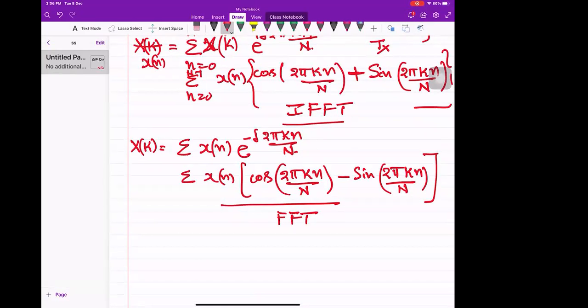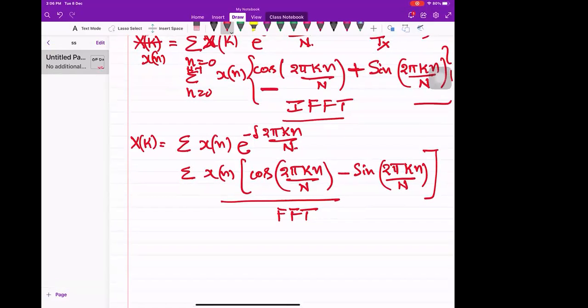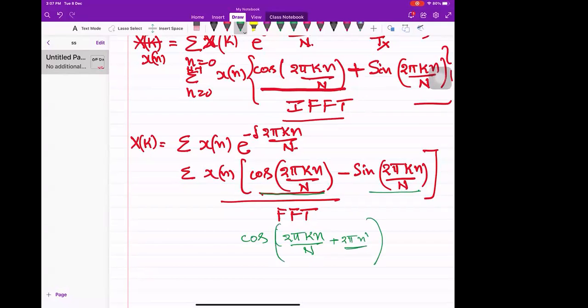Strict synchronization in the sense that when I am transmitting my signal, I use cos 2 pi k n by N. When I receive my signal, I have to use the same cos, that is cos 2 pi k n by capital N. If you don't use the same cos and same sine, if there is a deviation, suppose my electronics generates cos 2 pi k n by capital N plus 2 pi times some n dash, because it is a phase, an additional phase is generated.